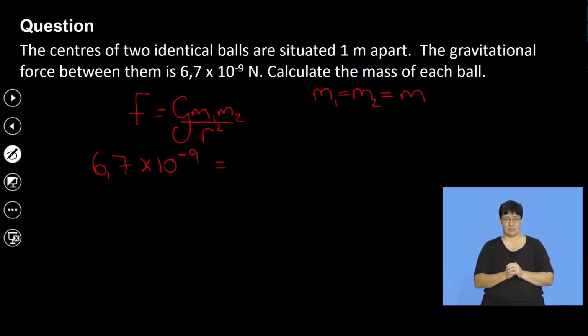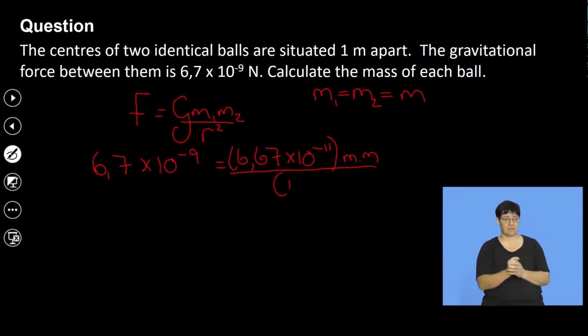We have to use G, 6,67 times 10 to the minus 11. Now I've got m times m, and my distance is 1 squared. We like it when they use 1. It's an easy one. I'm now going to manipulate it because I need to get m on its own.